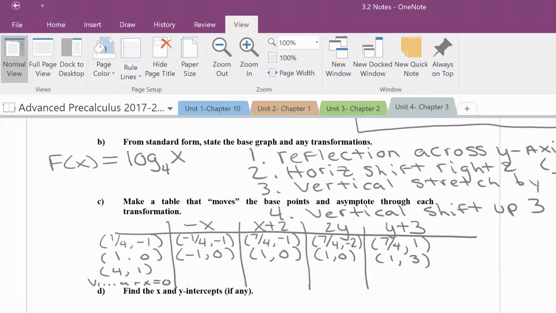Because it's the base and 1. So it's negative 4. And then plus 2 is negative 2. And then 2 times y is 2. And then plus 3 is 5. The vertical asymptote at x equals 0, well, negative times 0 is still 0. But then plus 2 makes it at 2.